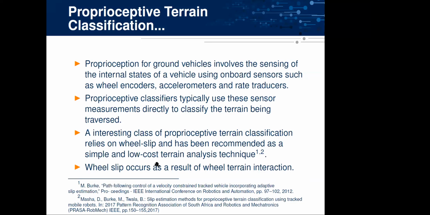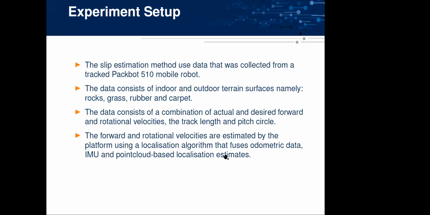Wheel slip occurs as a result of wheel-terrain interaction. Like I said, as the vibration happens, the wheels lose traction, and that's where slip occurs. So for the experimental setup, I've mentioned I used a PackBot, which is a track-based mobile platform ground vehicle.